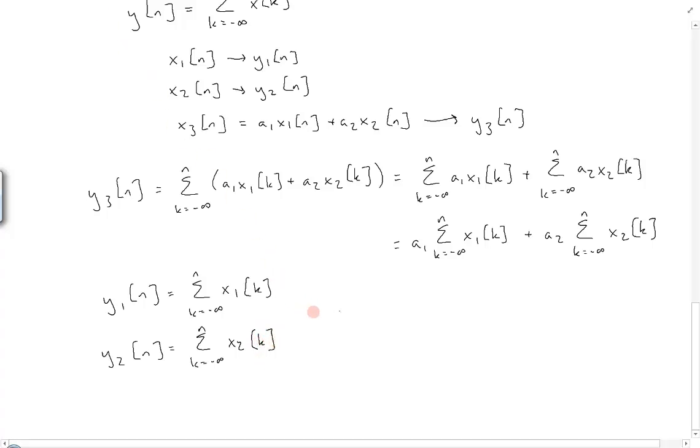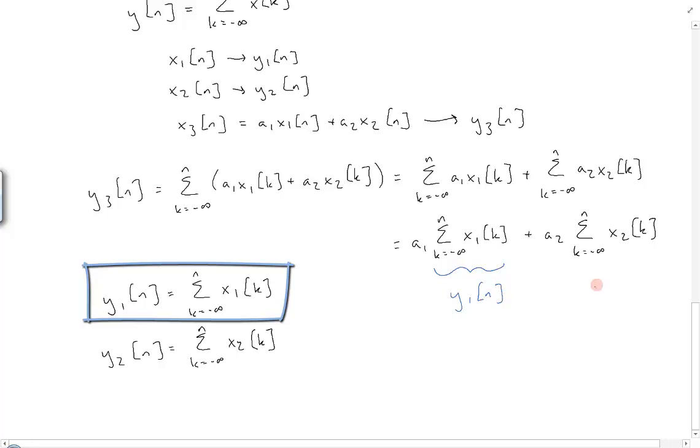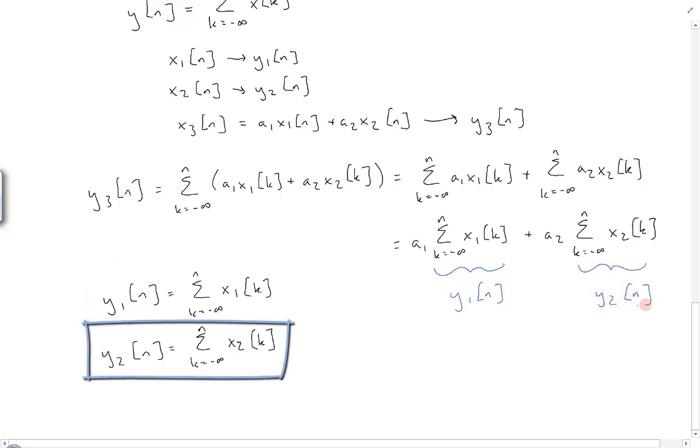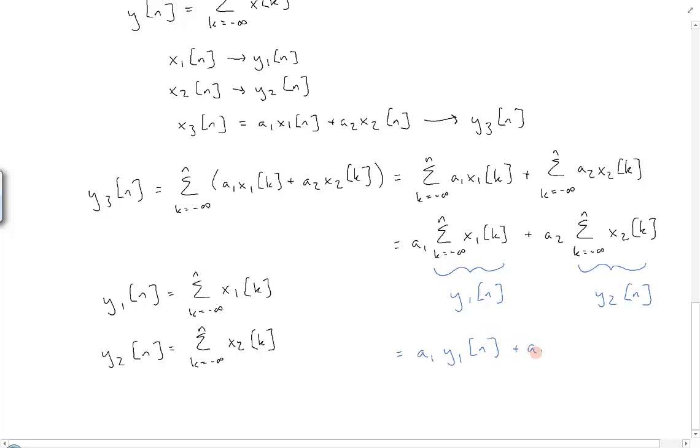Well, from this we can see that this right here is in fact y1 of n, and this part is y2 of n, and therefore the whole thing equals a1 y1 plus a2 y2. And that's exactly what we expected to get in order for this to be a linear system. So this system is in fact linear.